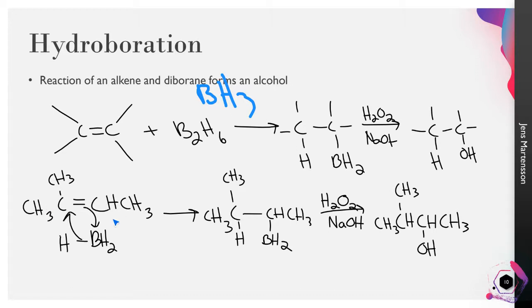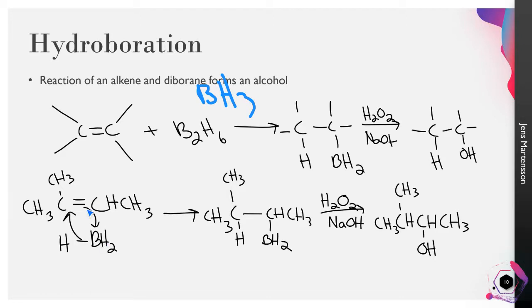But because this carbon is less busy, the bigger BH2 will want to add to that carbon instead. Does that make sense? The BH2 adds to the carbon with more hydrogens. It's just the complete opposite of Markovnikov.